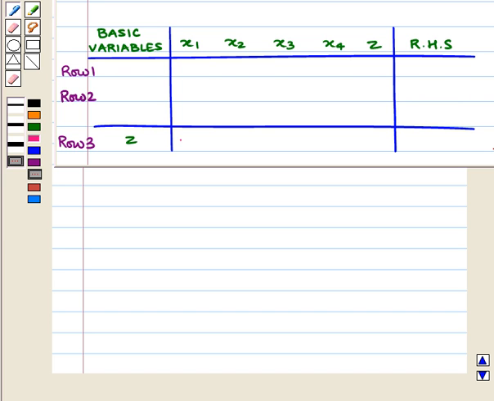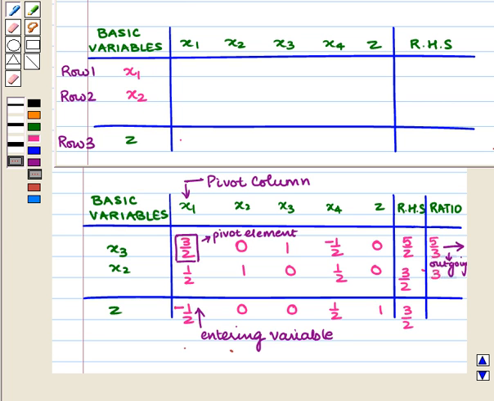So we write x1 as the entering basic variable in place of x3 in column 1. Now we have to make 3 by 2 as entry 1, 1 by 2 as entry 0 and minus 1 by 2 as 0 in the pivot column.